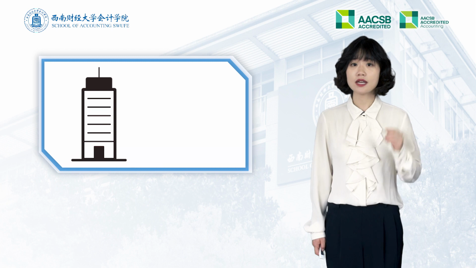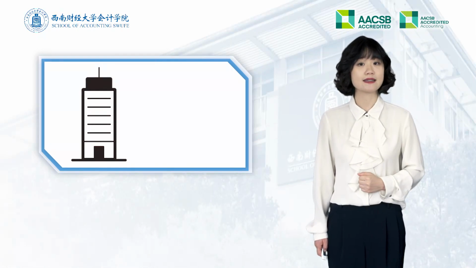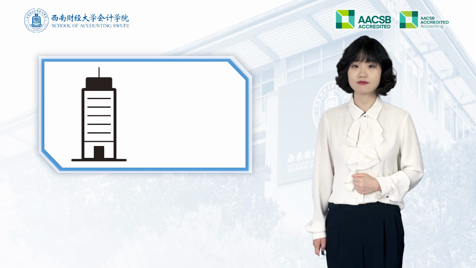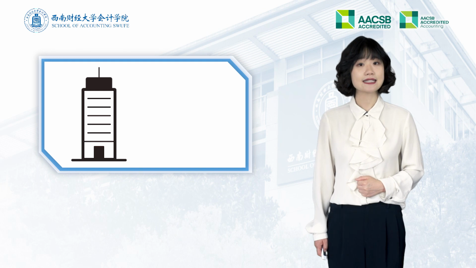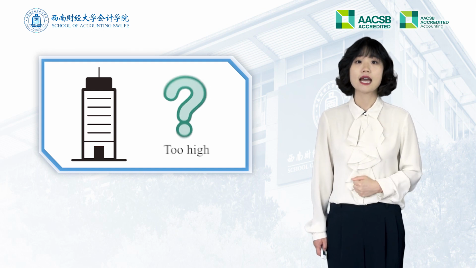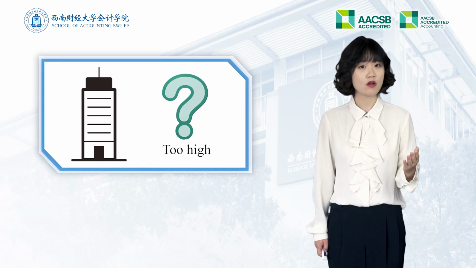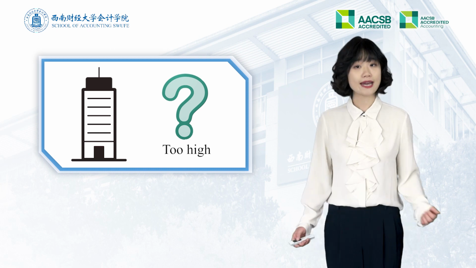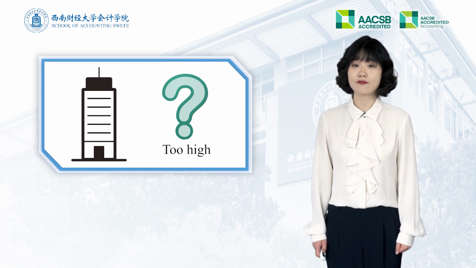However, we can get only little information by just looking at one company's debt-to-equity ratio. Suppose company ABC has a debt-to-equity ratio of 3. Can you determine whether this ratio is too high, too low, or normal? We cannot, because we do not know what the normal level should be.